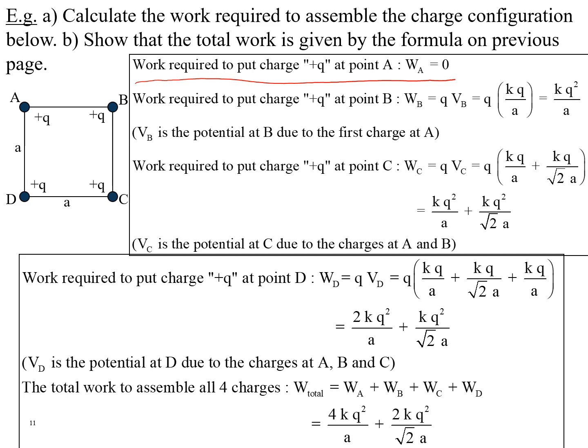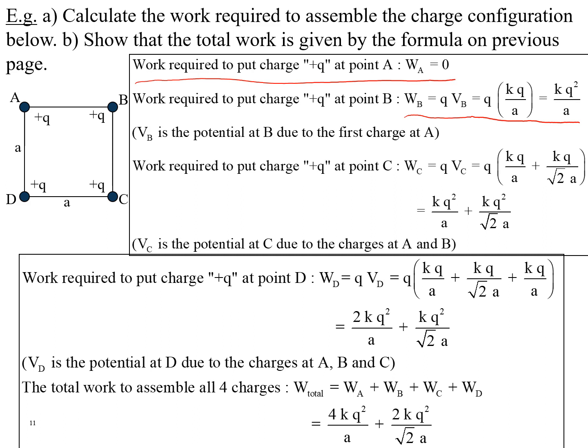In that case, the work required to bring in charge Q to the location B is just given by the potential at the location B due to charge A times the charge that is located at point B, and that's equal to KQ squared divided by A, where A is the length of the sides of the square.